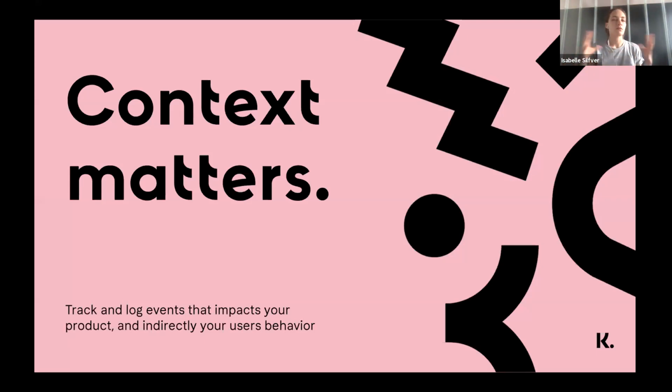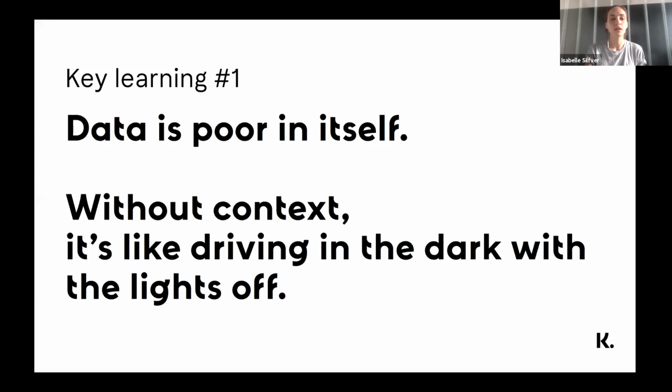But there are a lot of other things outside just the product that we started to consider, which helped us understand if the KPIs were really successful, or if there were other things that wouldn't necessarily have to do with the product. So my learning is that data is quite important itself. And if you don't understand the things around the road you have towards your business goal, it's like driving in the dark with the lights off.